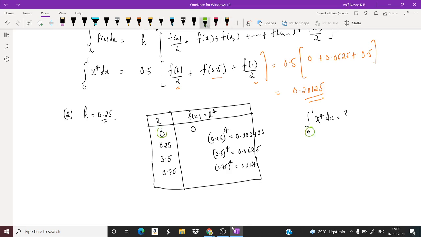A is this and b is 1, so the last value is 1.